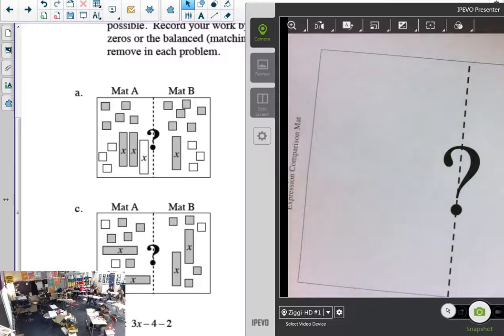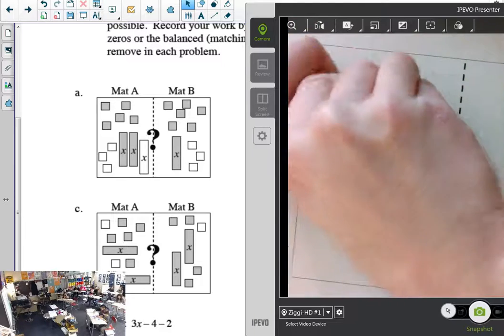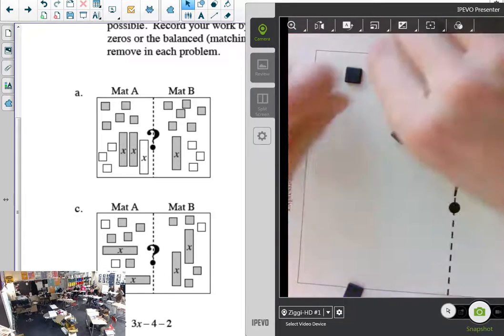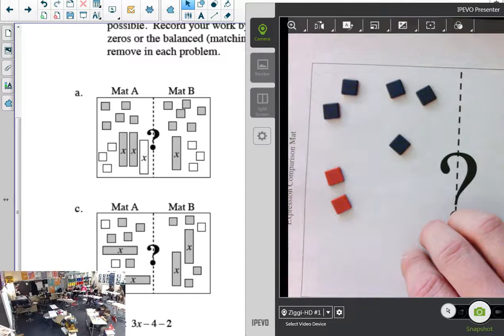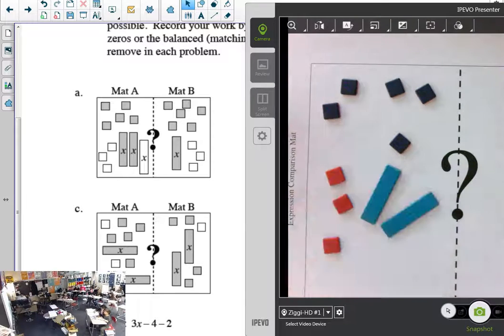Maybe this one. Well, we have 5 positives, 3 negatives. Check your partner, make sure that they're good and they're building the right thing.